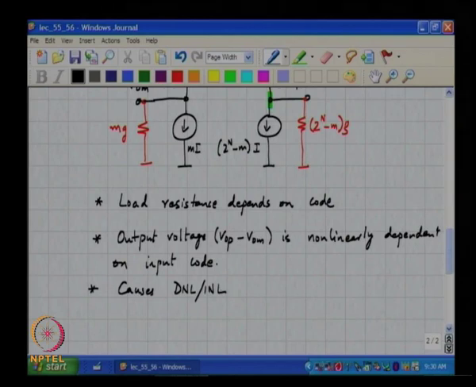You can of course do the math and find what the DNL or INL will be for a given G, correct.